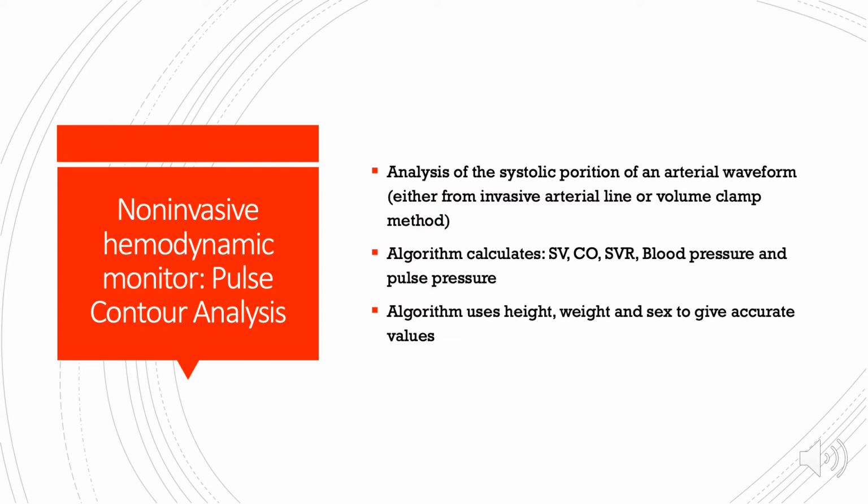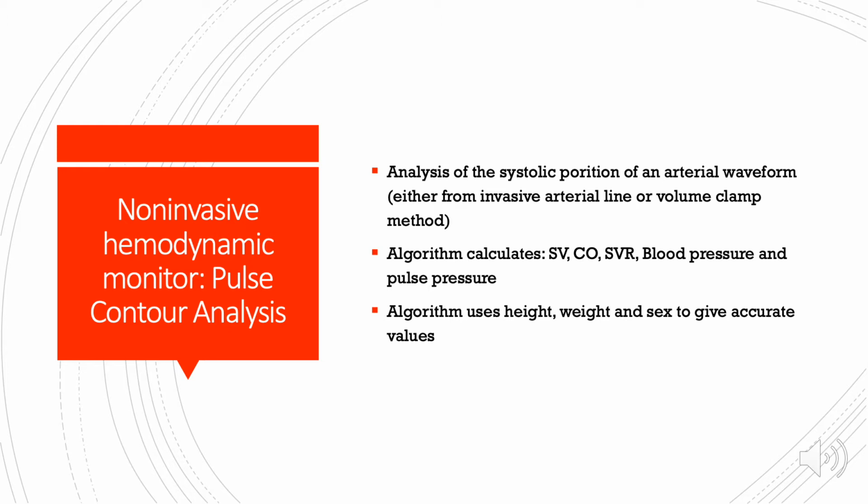So to start, I'm going to talk about my non-invasive hemodynamic monitor that I chose, which is pulse contour analysis. This method takes the systolic portion of an arterial waveform, which can either come from an invasive arterial line or a volume clamp method, but normally from an arterial line.